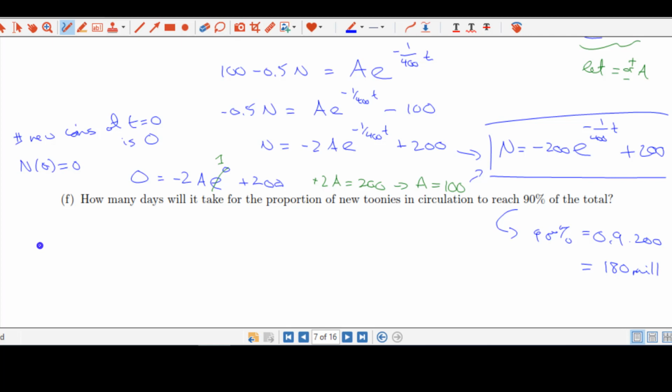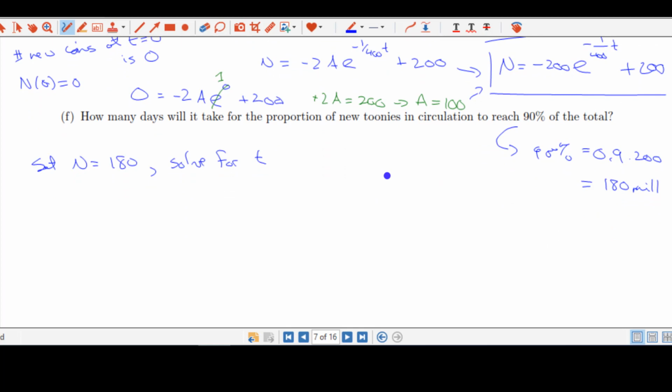If that's what we're looking for, we're going to set n equal to 180 and solve for t. So just squirt that up here. There's our formula. 180 is equal to negative 200 e to the negative 1 over 400t plus 200.